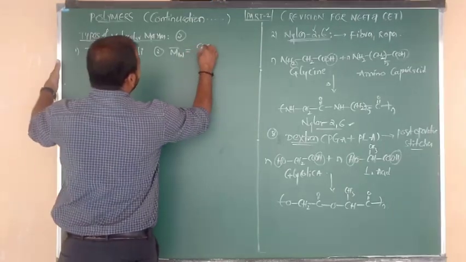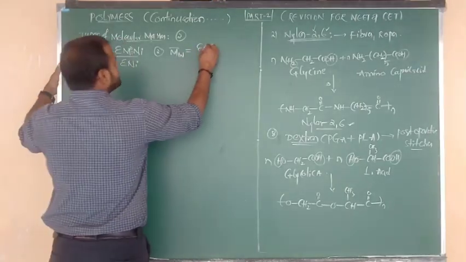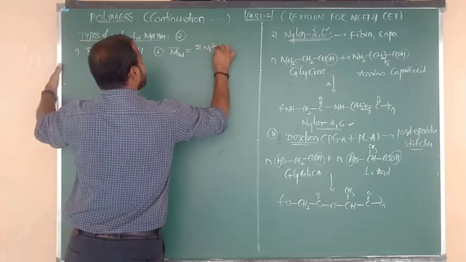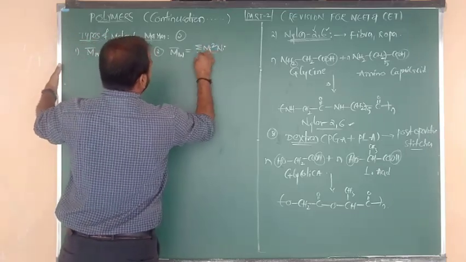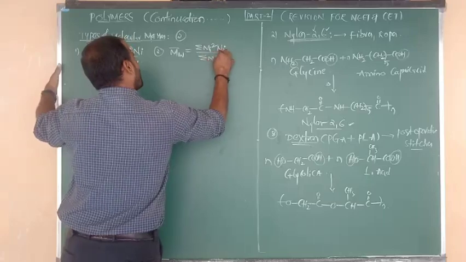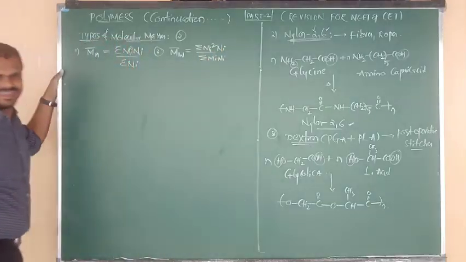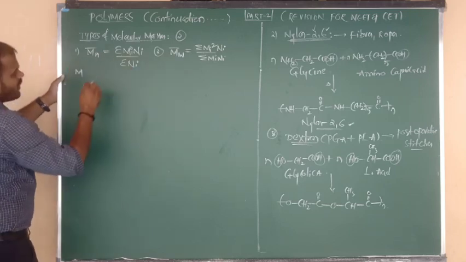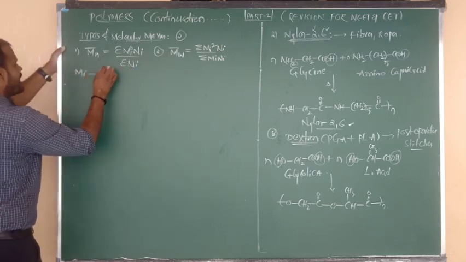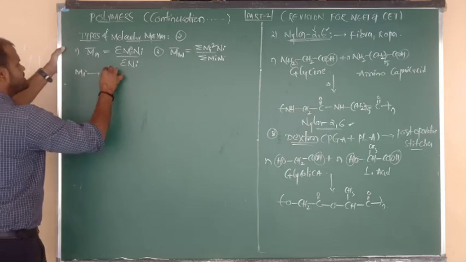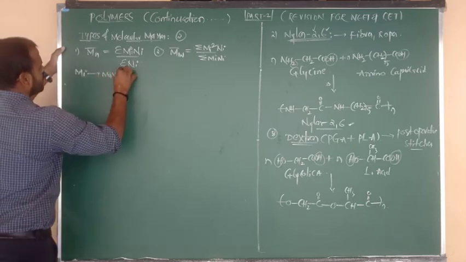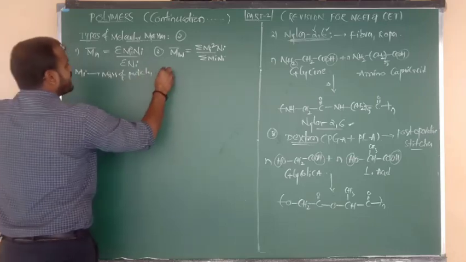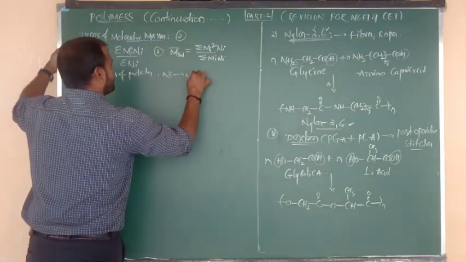What is the formula to calculate the weight average mass? Summation of Mi square Ni by summation of MiNi. In both formulas, remember that Mi indicates the mass of particles and Ni indicates the number of particles.